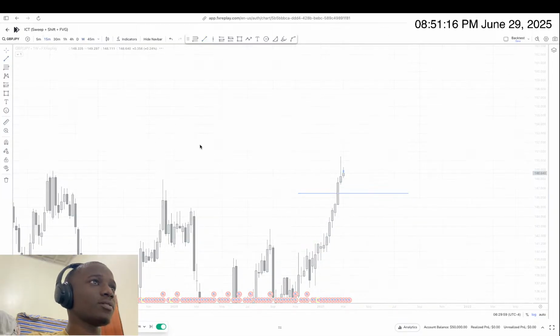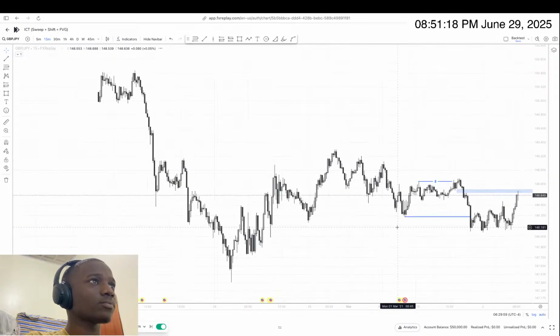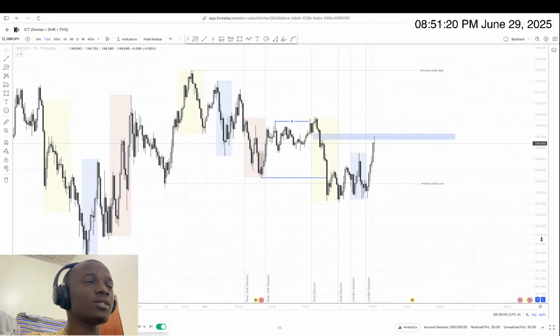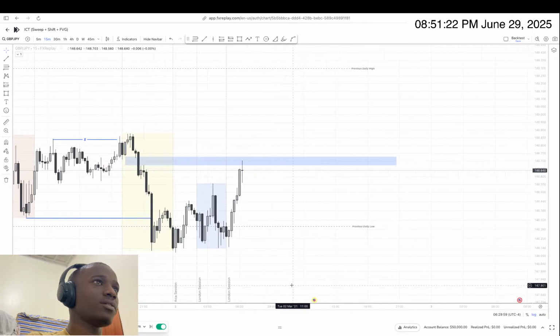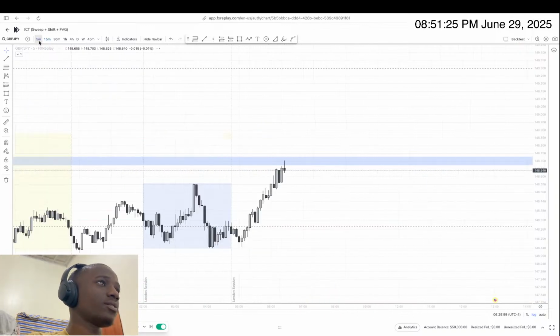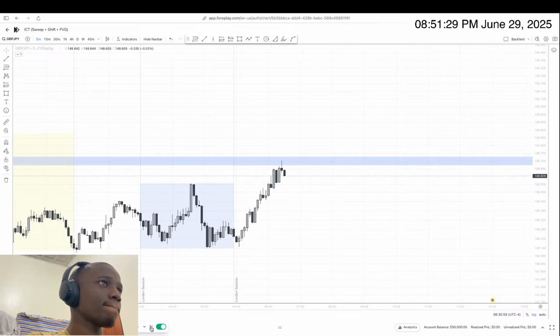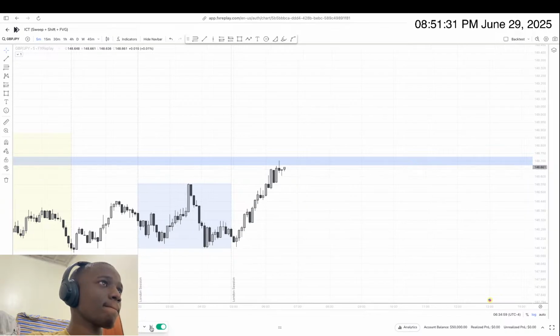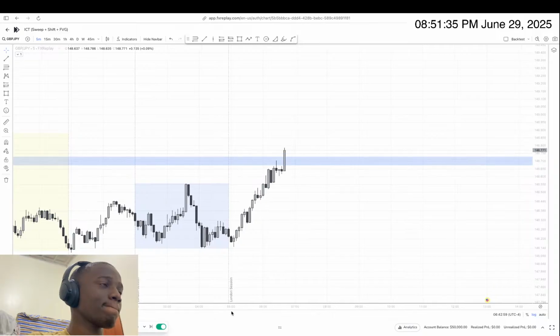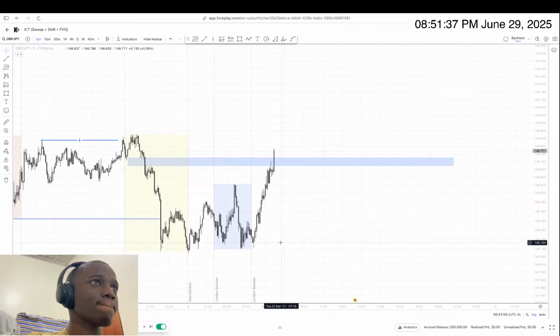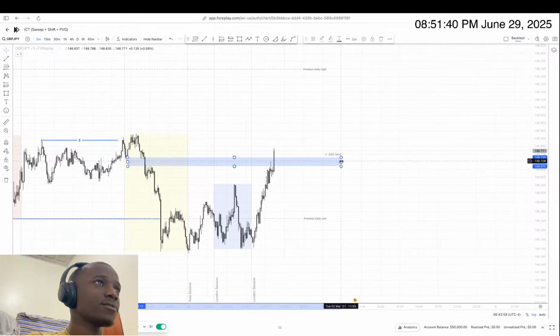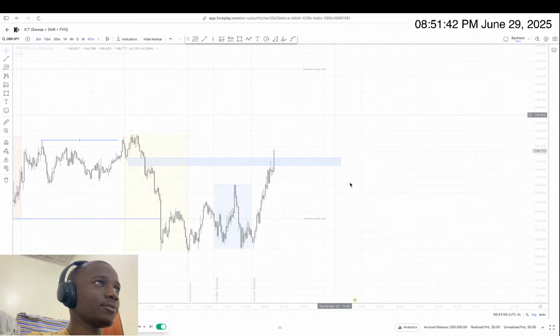Maybe on the 15 now. So let's see if we reject here, and I can take the entry. This is the fair value gap from the 45 minute though.